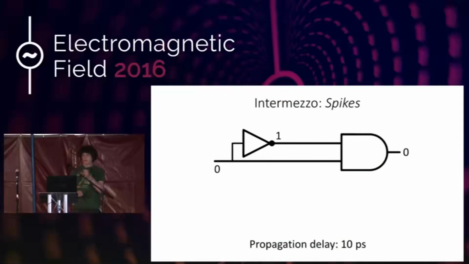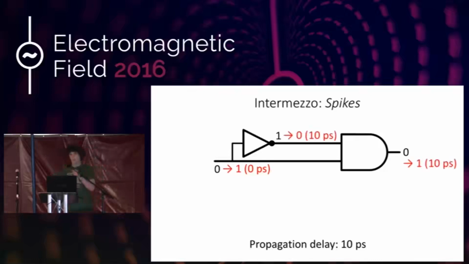That means that if we would change our input signal to 1 at time is 0, then the NOT gate would see, hey, my input changed. But the AND gate would also see, hey, my input changed. So the NOT gate will change its output from 1 to 0. But before that has happened, the AND gate still sees a 1 at the output of the inverter and sees a 1 that we have just put there.